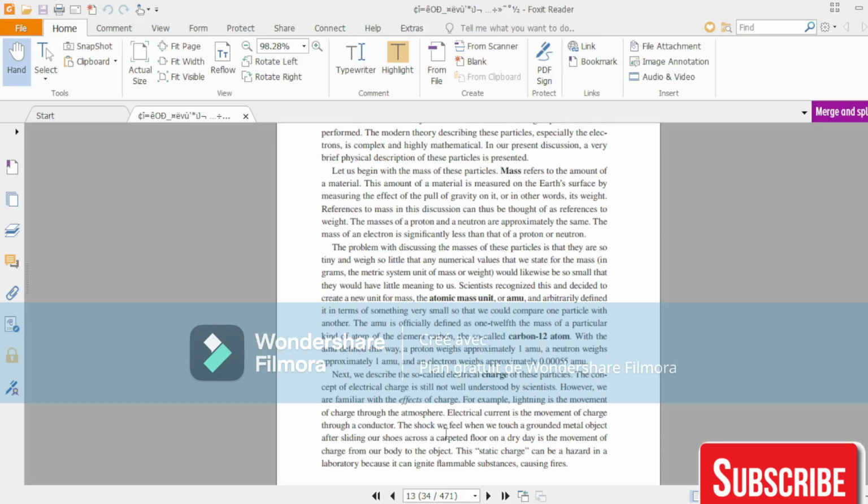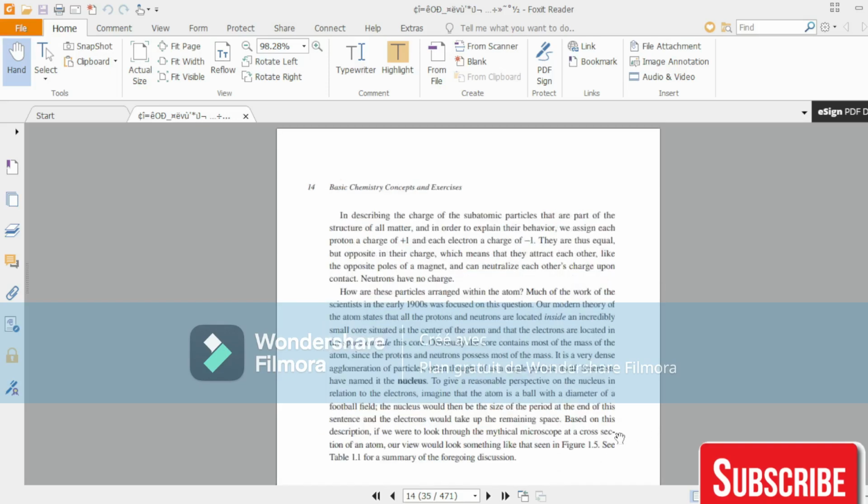The shock we feel when we touch a grounded metal object after sliding our shoes across a carpet floor on a dry day is the movement of charge from our body to the object. This static charge can be a hazard in a laboratory because it can ignite flammable substances, causing fires.